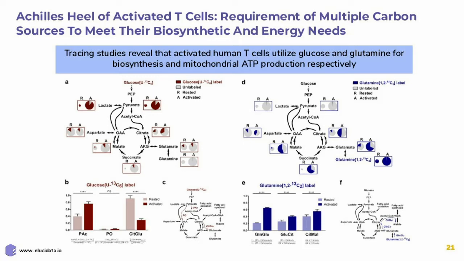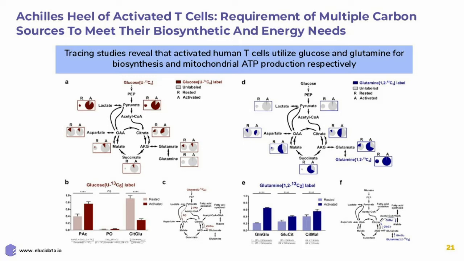And we followed the glucose label through the various metabolic pathways, both through glycolysis and central carbon metabolism. Now we are focusing on panel A, which is on the left. What we found was that activated T cells massively upregulated their consumption of glucose. That was well reflected from our Seahorse experiments as well.